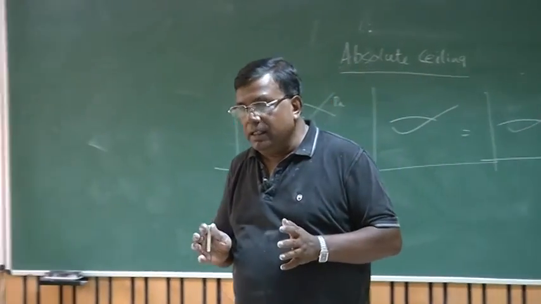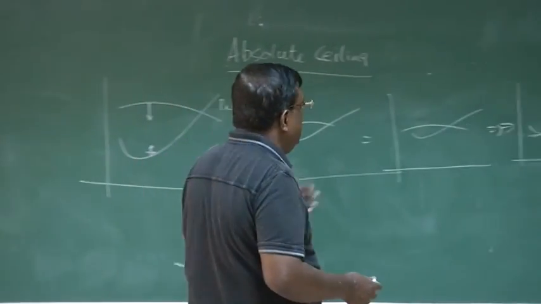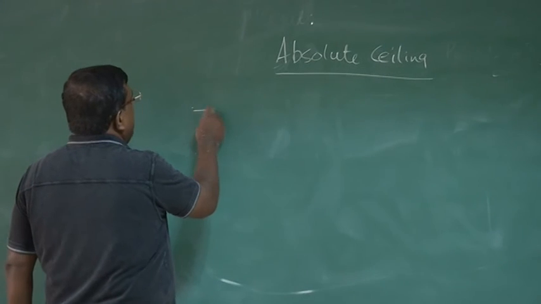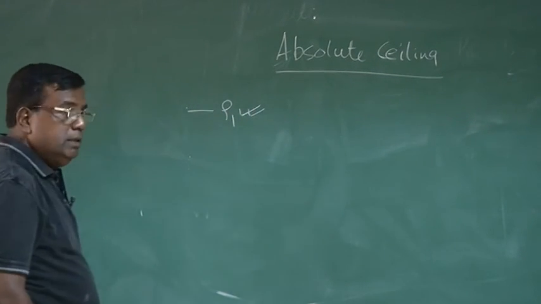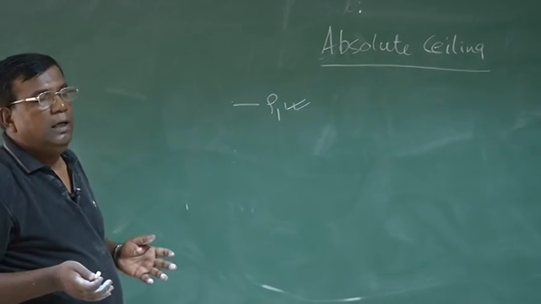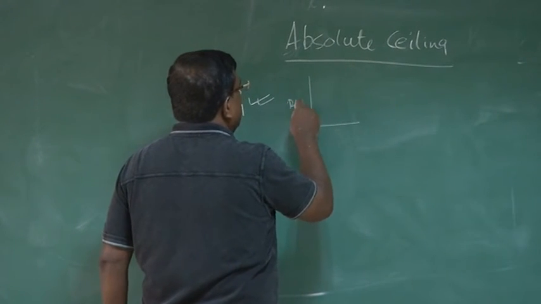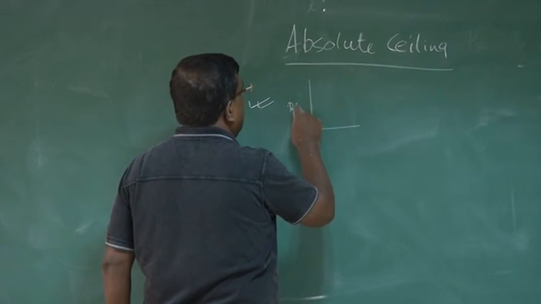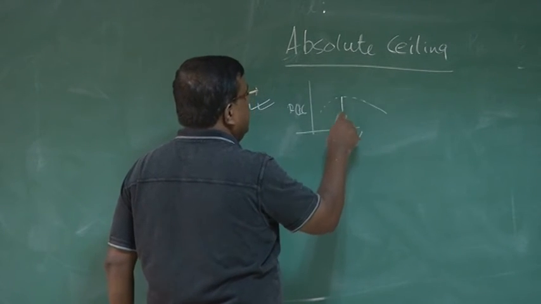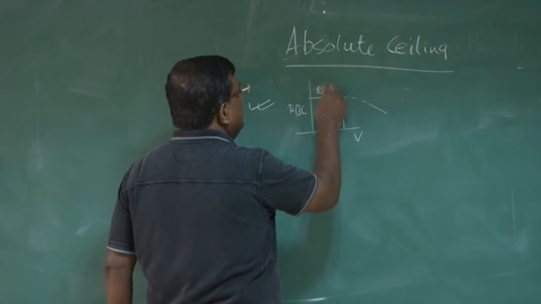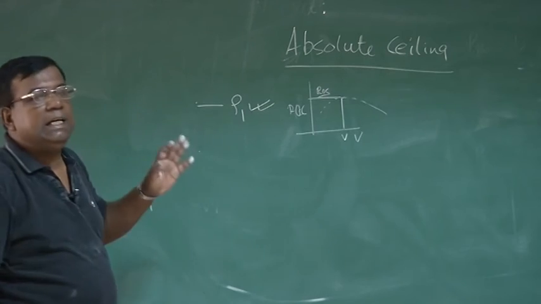If this is the understanding, how can I do this experiment to generate absolute ceiling data? See, we are flying at an altitude, let's say, where density is ρ1, and do this rate of climb experiment and generate data, rate of climb, or I say ROC versus speed, and I have generated rate of climb maximum and V for that altitude.